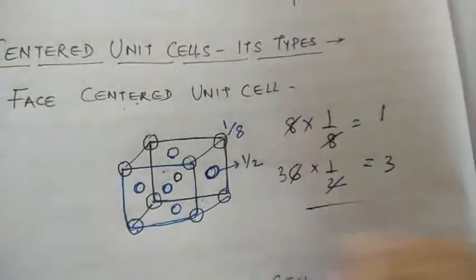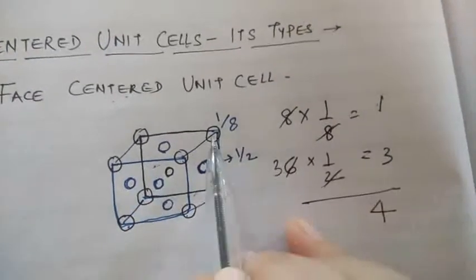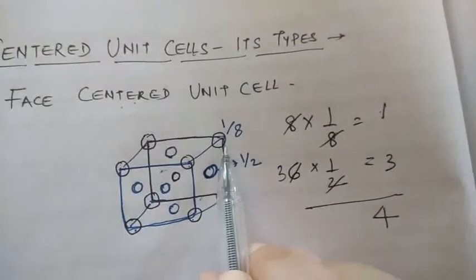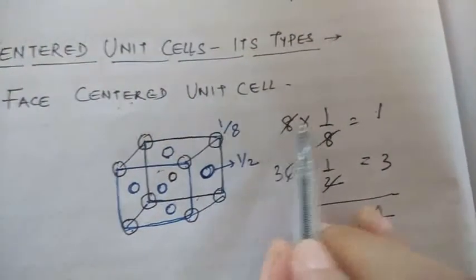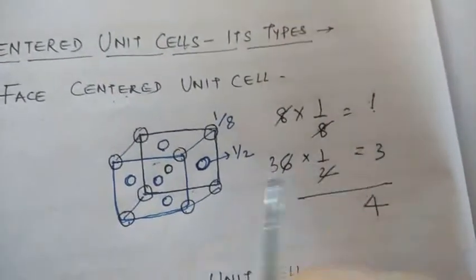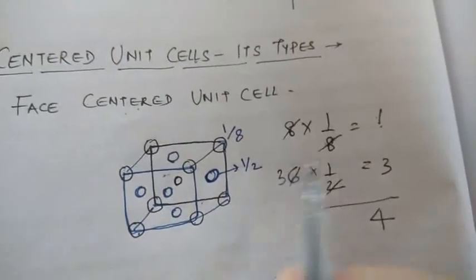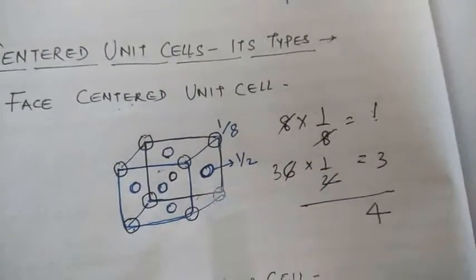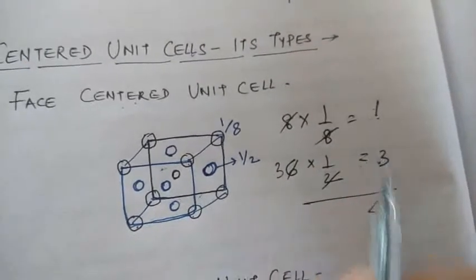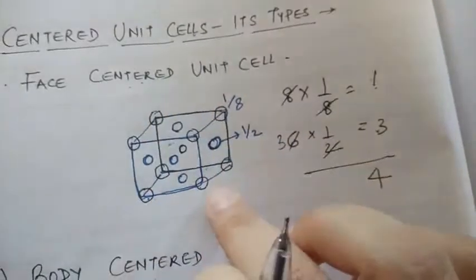So the total number of atoms in face centered is 4. Right? How? 8 atoms at the corners, each contributing 1/8, so the total will be 1. And 6 atoms at the faces, each contributing half in the unit cell, is equal to 3. So 1 plus 3 is 4. So the total number of atoms in face centered is 4.